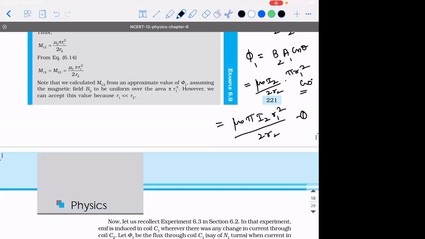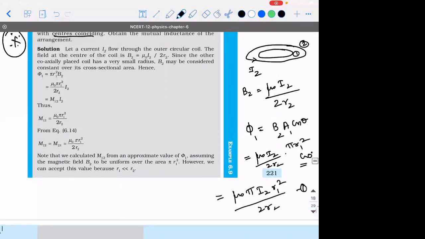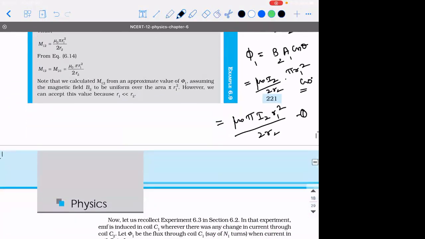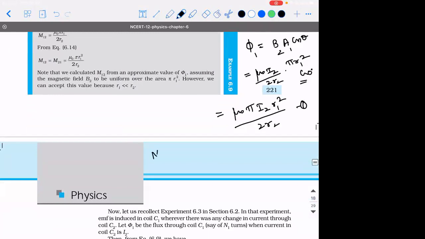I didn't write N1 since there is only one turn. They didn't talk about turns, so it's only a single loop. Then what is going to be the value of M12? M12 will be N1φ1 divided by I2.